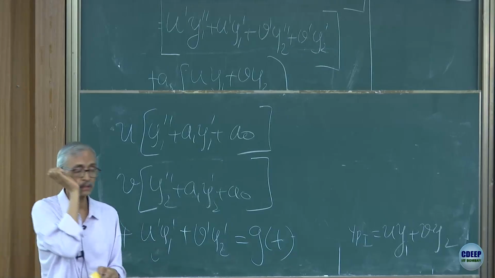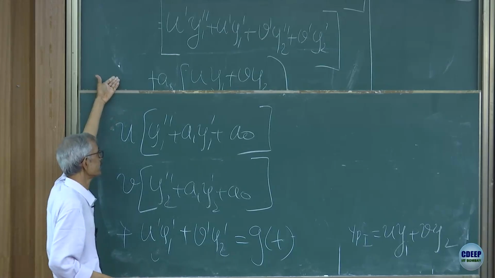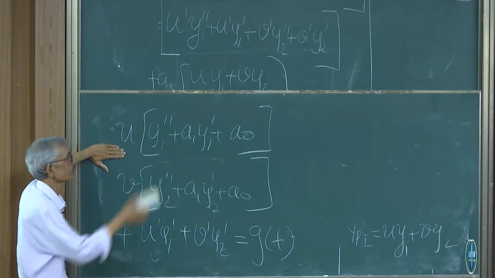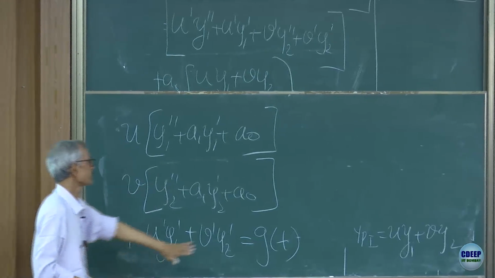If you do the algebra correctly, you rearrange the terms, and you're going to get u times this plus v times this plus this is equal to this.